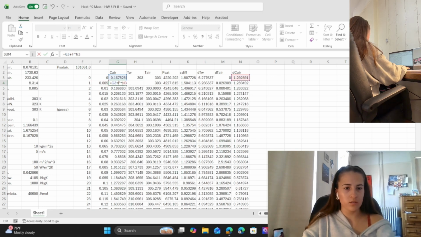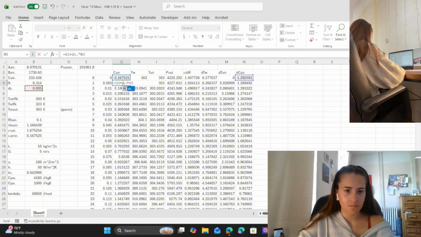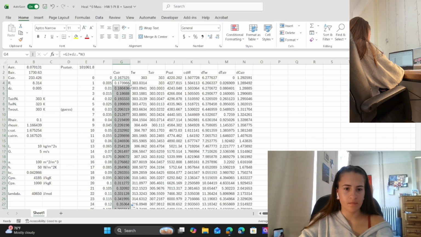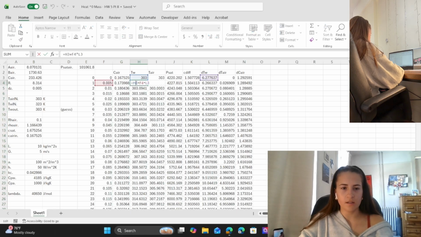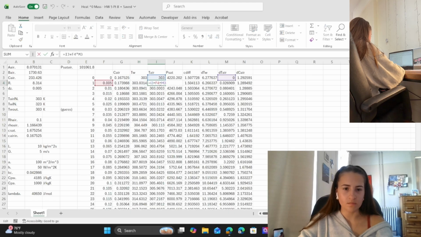Let me try changing this to our DZ value and see if that makes a difference. Okay, it does slightly, so I'm going to go ahead and change this out to our DZ instead of that.